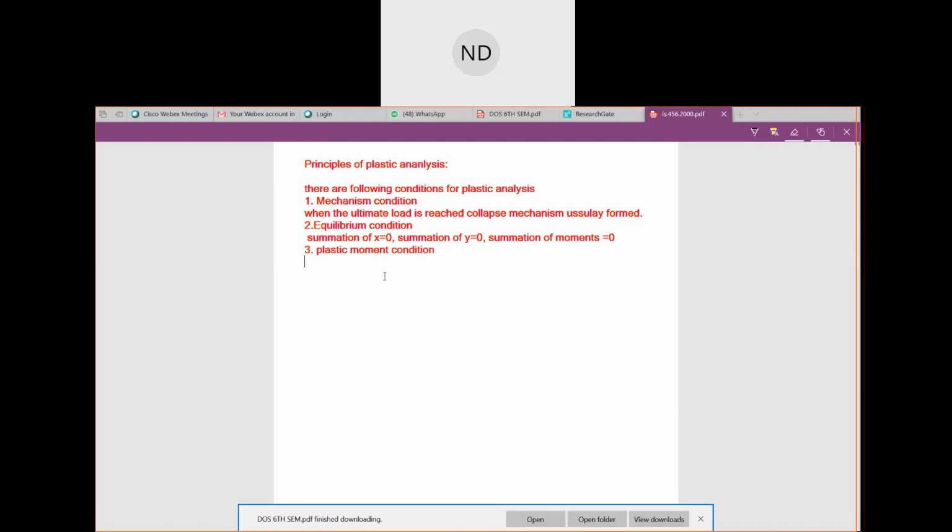Here in the plastic moment condition, the bending moment at any section in the structure should not be more than the full plastic moment, which means the moment at which a plastic hinge forms and the structure moves to failure.